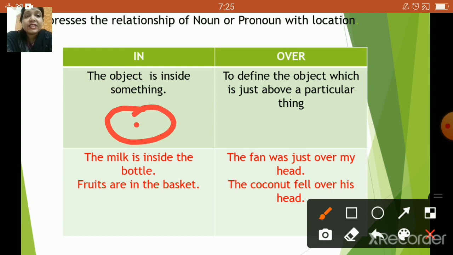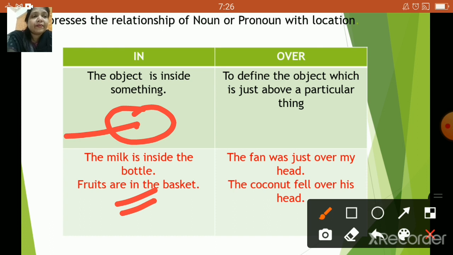There's an object inside something. For example, the milk is inside the bottle. Okay, that means your object is inside the bottle. The milk is inside the bottle. Next, fruits are in the basket. So fruits are in the basket, that means it is mentioned that it is inside something.